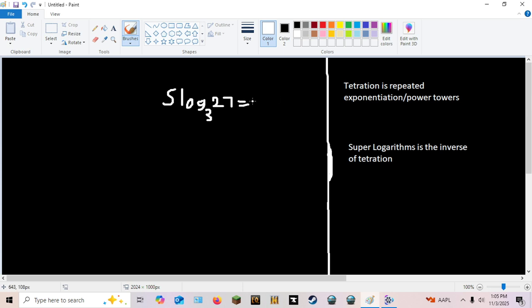Well, 3 tetrated to 2 equals 27 because 3 cubed is 27. Okay? So, to convert it, 3 tetrated to 2 equals 27. That's how you convert it to tetration form. Okay.